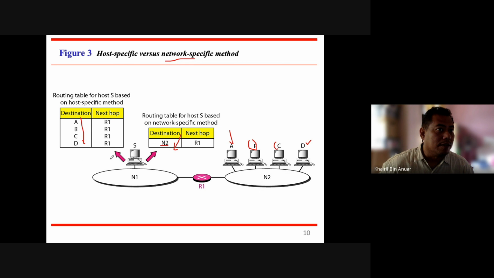Compared to here, it just says that if you want to go to this PC with this IP address, why not just go to this network and it will route you to the specific host. So that is the difference between the host specific and the network specific method.